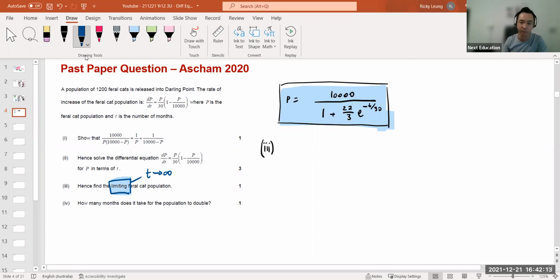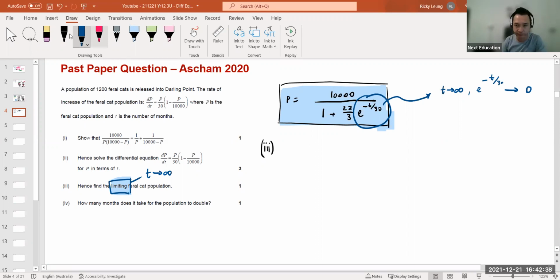The beauty about this is that when the exponential is expressed as a negative value, when time goes to infinity, that's like E to the power of negative infinity, which means E to the minus T on 30 goes to 0, because E to the power of negative infinity heads towards 0. So this thing goes to 0.